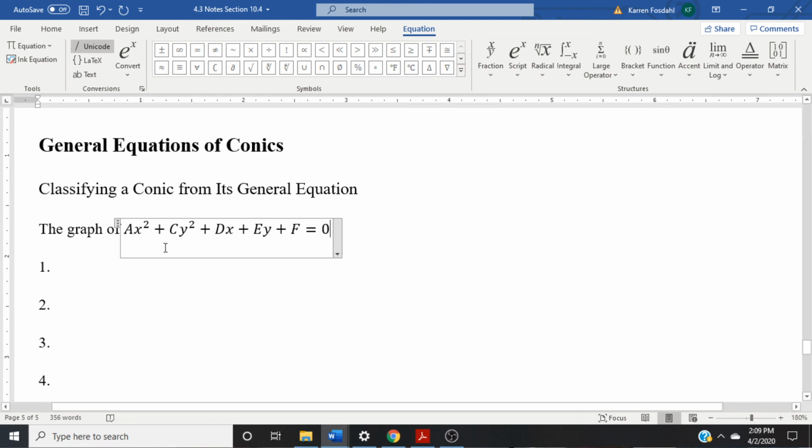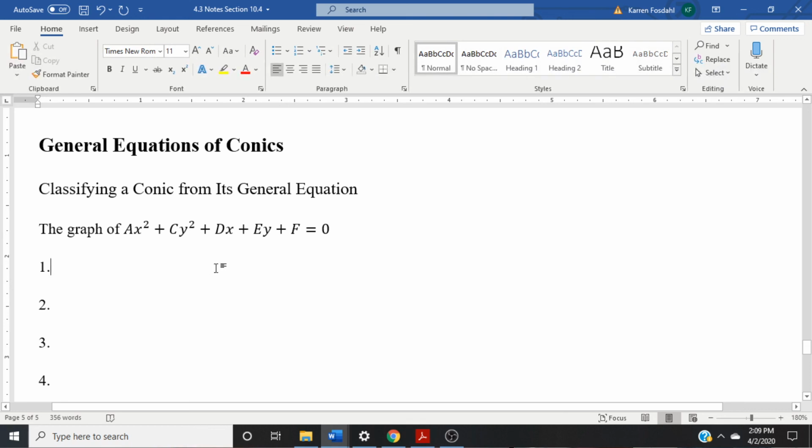If you notice there's no B right here, and we won't ever learn about that because that's more complicated. Let's just skip it. Now, there's 4 different types of conics.